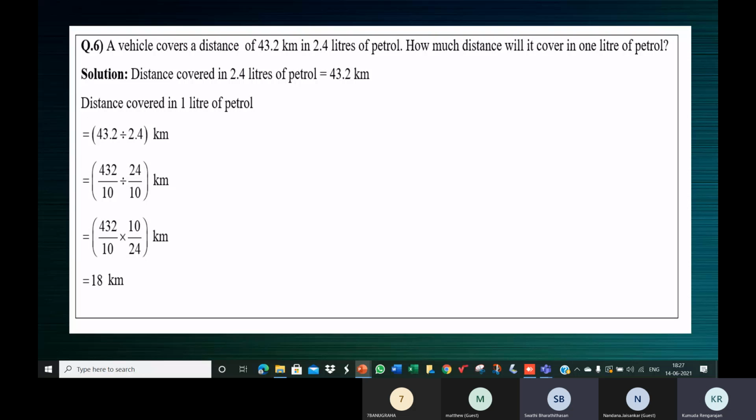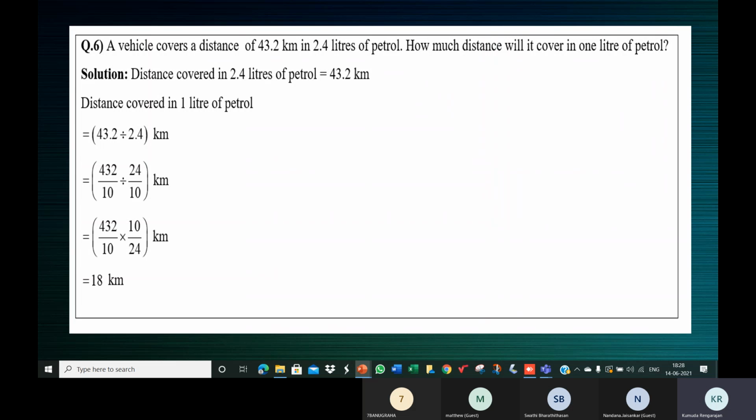If the vehicle can cover 50 kilometers in 5 liters, that means in 1 liter it can go 50 by 5, 10 kilometers. 1 liter, 10 kilometers, 2 liters, 20, 3 liters, 30, 4 liters, 40, 5 liters, 50 kilometers. Take convenient numbers to understand the mathematical operation involved.